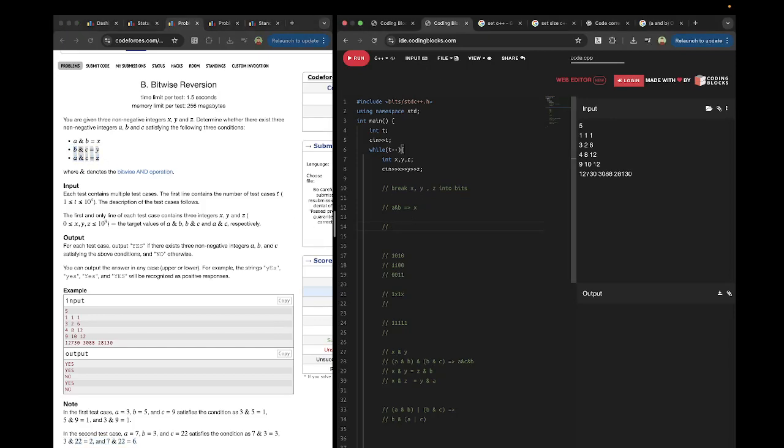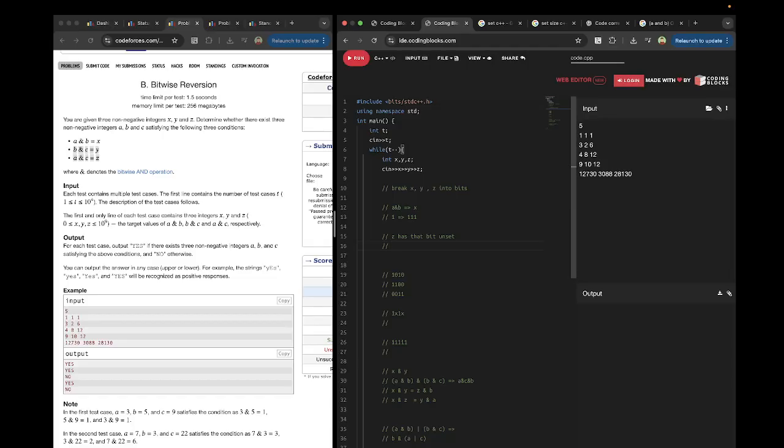So any bit that's set in X, so let's say it's 1, then A and B both should have that bit set, and if Z has that bit unset, that's possible, right?